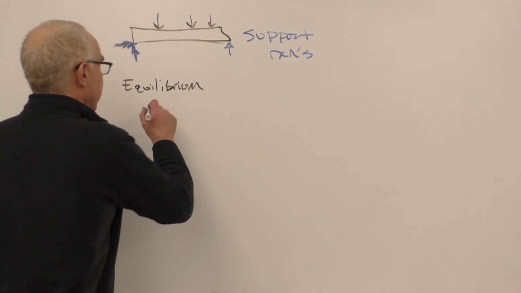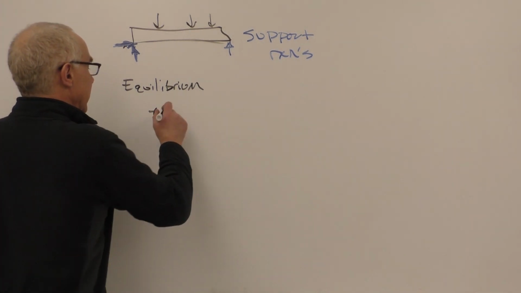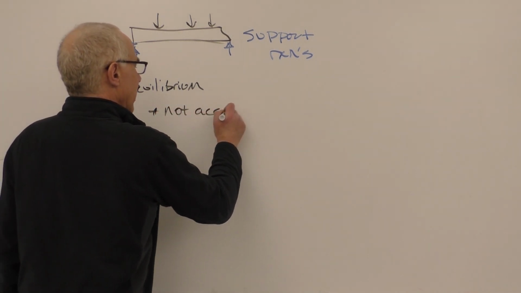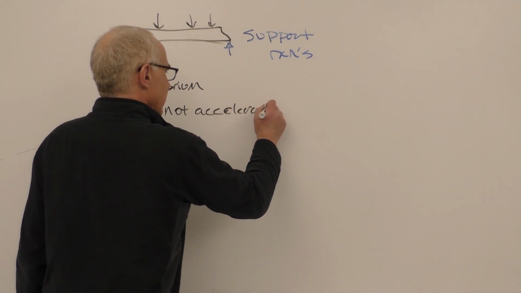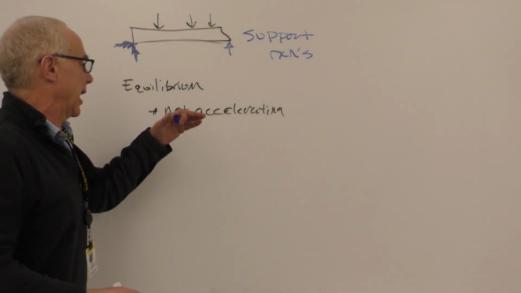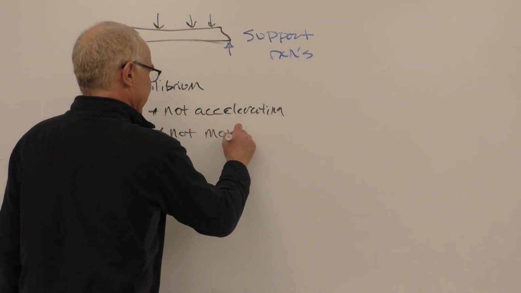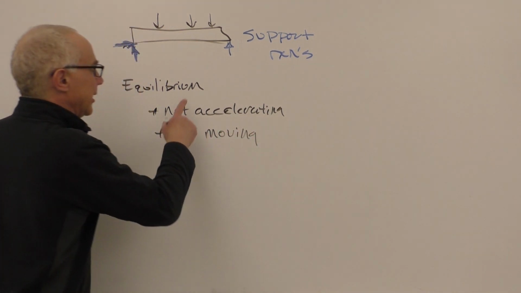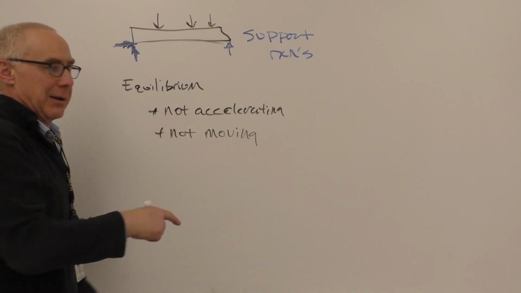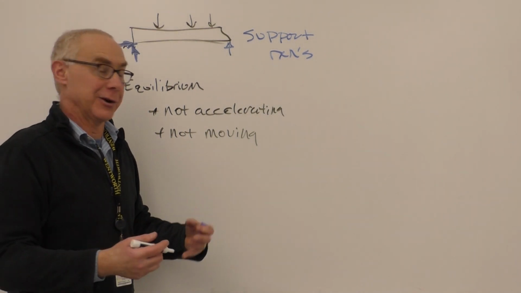So in equilibrium, at least in the general case, it's either not accelerating, or it's not moving. And actually not moving would be a subset of not accelerating, because not moving is moving at a constant velocity of 0.